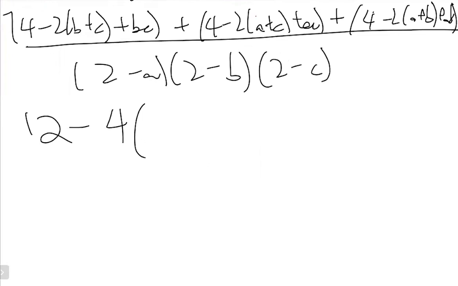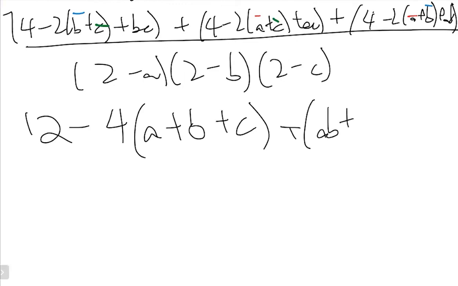So you notice that in total it's minus 4a, minus 4b, minus 4c. And we can write that into the expression as minus 4 times the quantity a plus b plus c. And finally, we have plus ab plus bc plus ac, right?